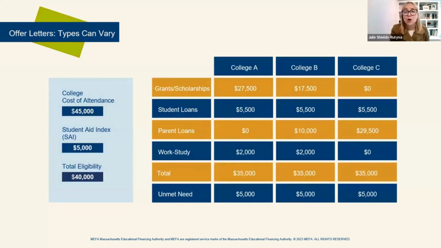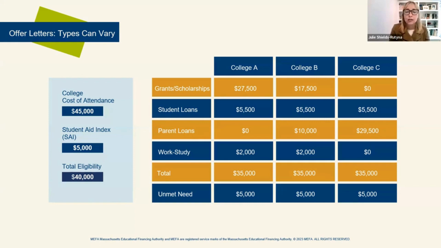And another note, just to pay attention to, when I said comparing apples to apples, pay attention to the different elements in the financial aid offers, because they can vary. So in this example, you're seeing three colleges, and if you look at the total aid offer, it looks like they each gave you $35,000, but they didn't.